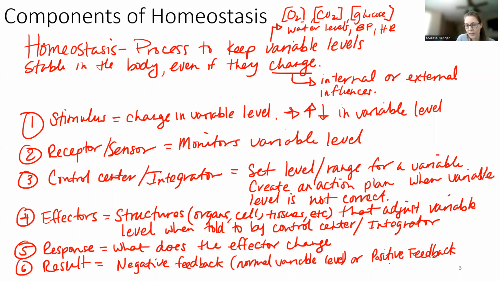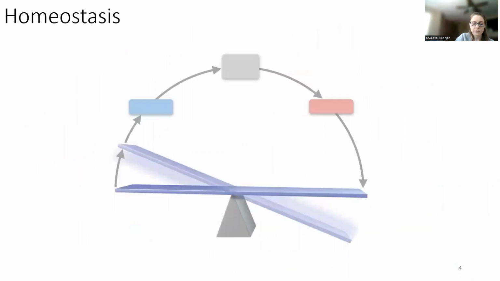In positive feedback, you're going to push the variable level until you hit some sort of over the top situation and you go back to normal. So you want to know these 6 components of a homeostatic mechanism, okay, or a homeostasis.